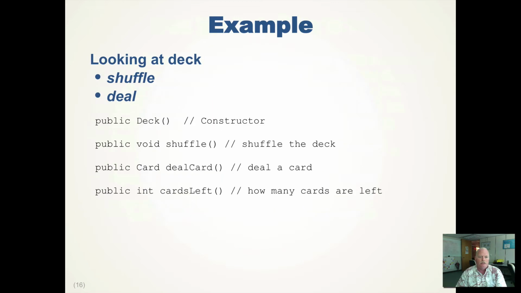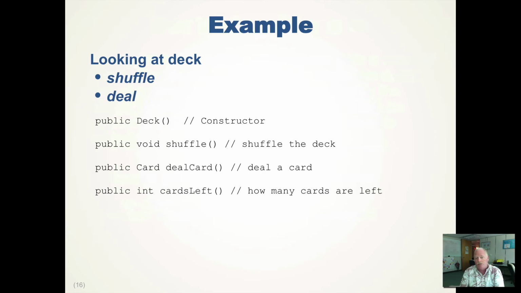So let's take a look at the deck class. We need a constructor; we need to be able to create a deck instance. The verb is shuffle, so we need a shuffle method, which shuffles the deck. We said we have deal or dealt, so we need to deal a card. Dealing a card would return a card from the deck, and we should know how many cards are left in the deck.